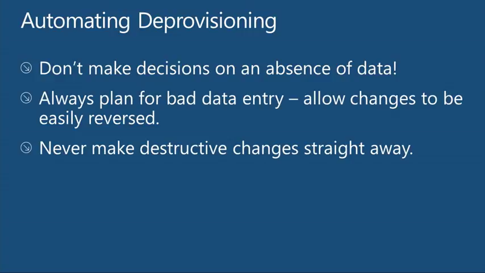So sometimes customers say to me, well, our procedure is we disable the account and we delete the mailbox and we remove all their groups. And I say, no, maybe I'll do it in a month. But right off, all I'm doing is disabling the account. That's it. We need a grace period before we do anything destructive. Okay?